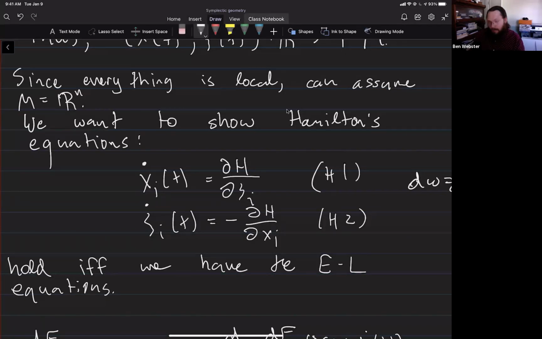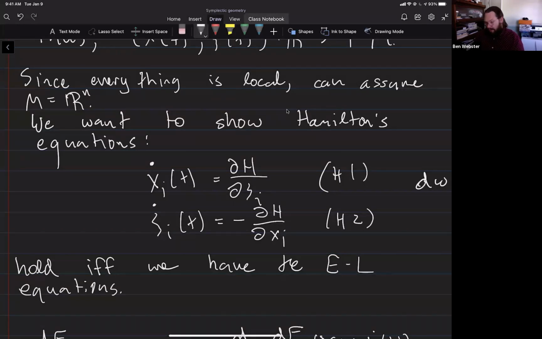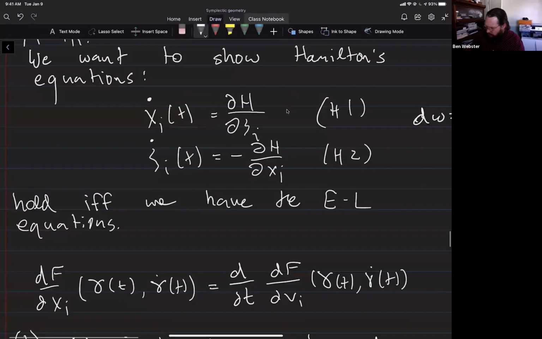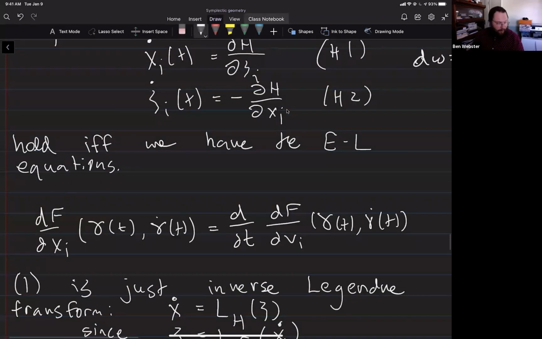And we ultimately want to show that this is equivalent to the Euler-Lagrange equations, which I've just recopied here for your reference. The derivative with respect to the original coordinates of f is the time derivative of the derivative of f with respect to the coordinates along the fiber in the tangent bundle.